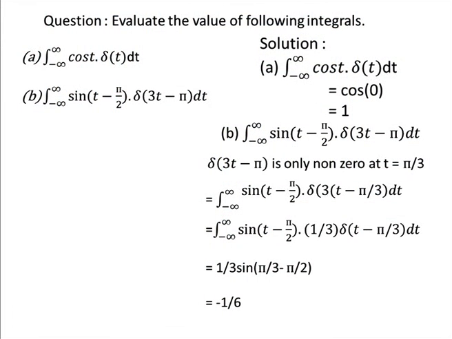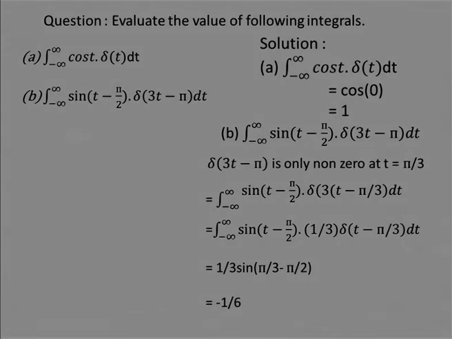So, δ(3t - π) is δ(3(t - π/3)). Now put t equal to π/3. So, this is (1/3) sin(π/3 - π/2). sin(π/3 - π/2) is sin(-π/6), and sin(-θ) is minus sin θ. So, this will be minus (1/3) sin(π/6), and sin(π/6) is 1/2. So, minus 1/3 into 1/2 is minus 1/6.